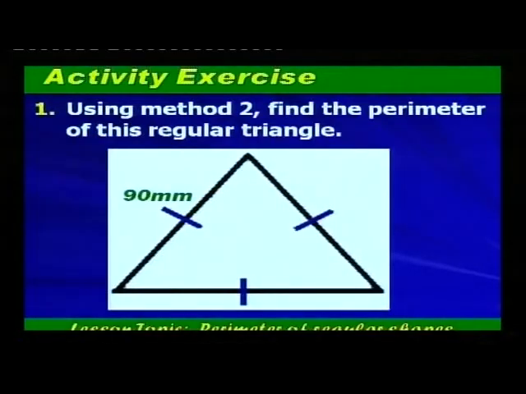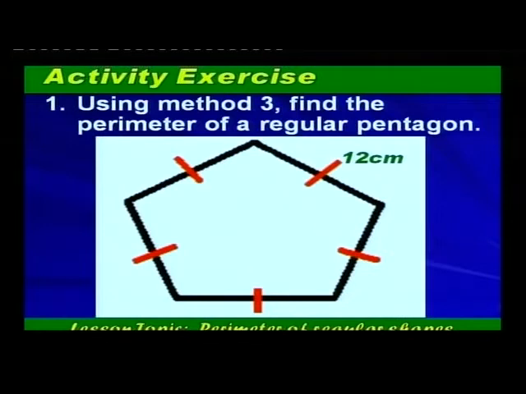All right, we will now move on to our activity. I'd like you to use method 2 to work out the perimeter of this regular triangle. When you finish, you will work on exercise 2, where you will use method number 3 to find the perimeter of this regular pentagon.